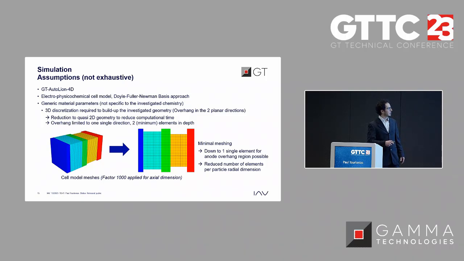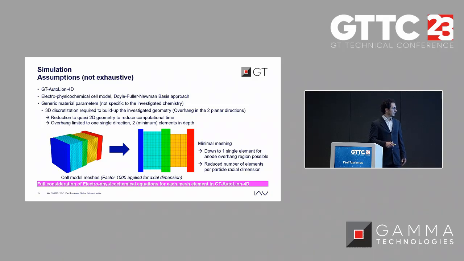And experimentally, we had overhang region in the two directions, and we also restricted to only one direction to simplify and optimize the computation times. Here, on these kinds of pictures that you will see also in the next slides, we have a factor 1000 on the cell thickness in order to see something.